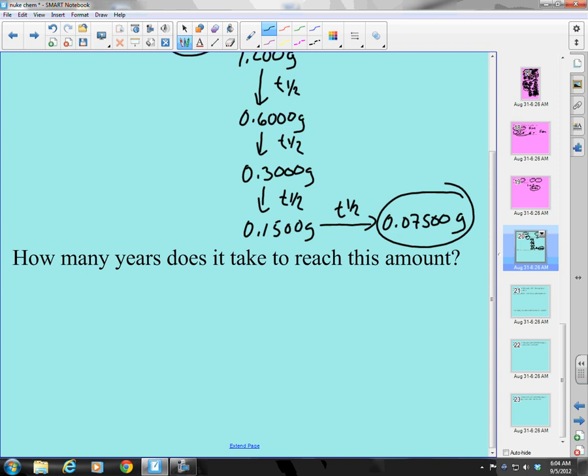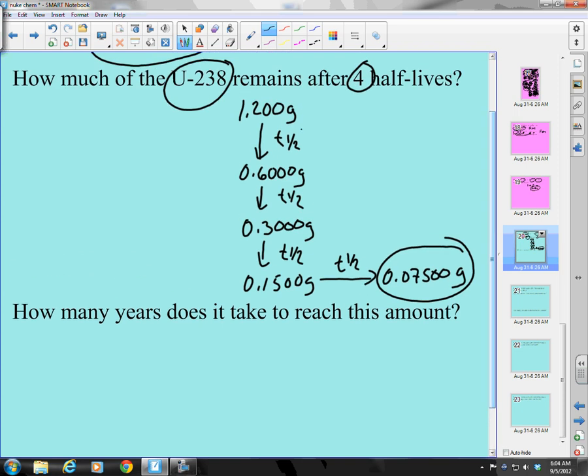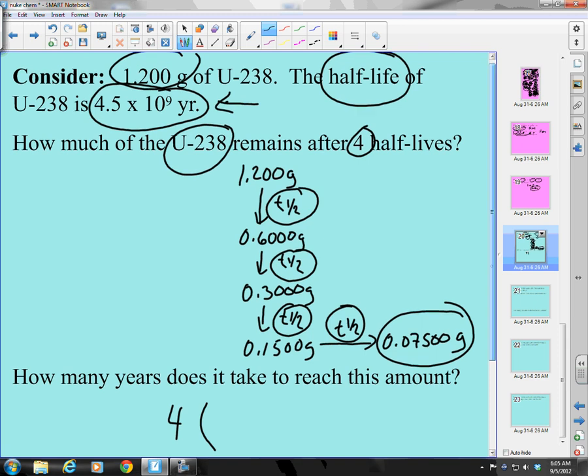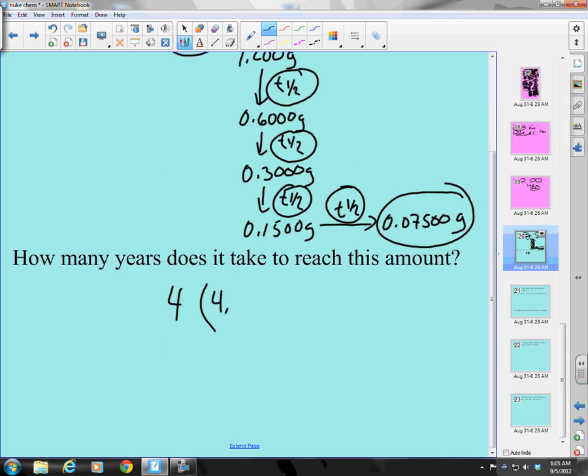How many years does it take to reach this amount? Well, that's a piece of cake. I have 1 half-life, 2 half-lives, 3 half-lives, 4 half-lives. So I have 4 half-lives, and each half-life is how long? Each half-life is 4.5 times 10 to the 9th years.